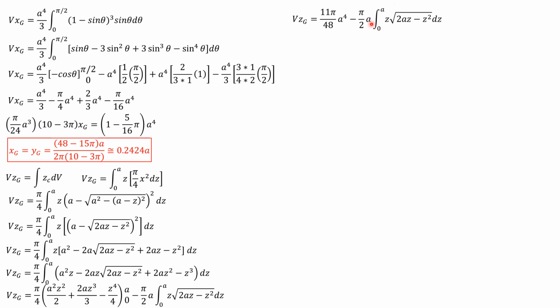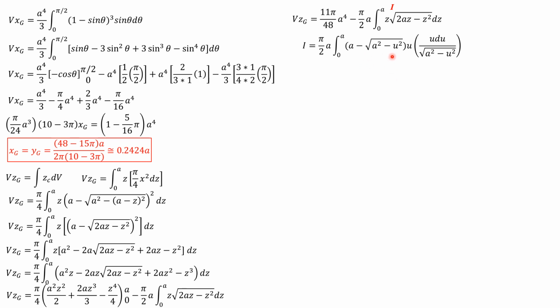So let's call that I. So I is pi over 2a integral from 0 to a of quantity, remember z is a minus square root of a squared minus u squared, then square root of 2az minus z squared is denoted by u, and dz is u du over square root of a squared minus u squared.